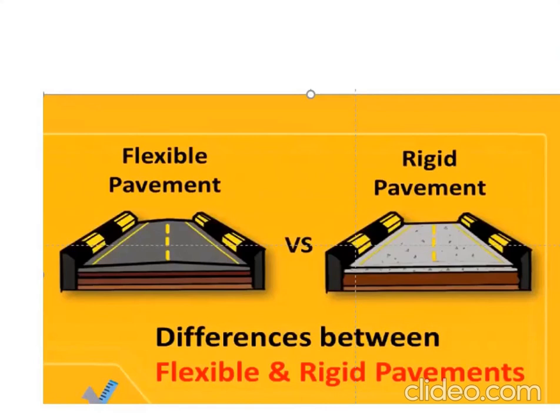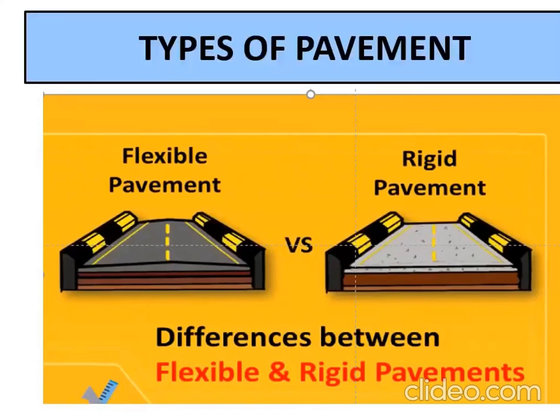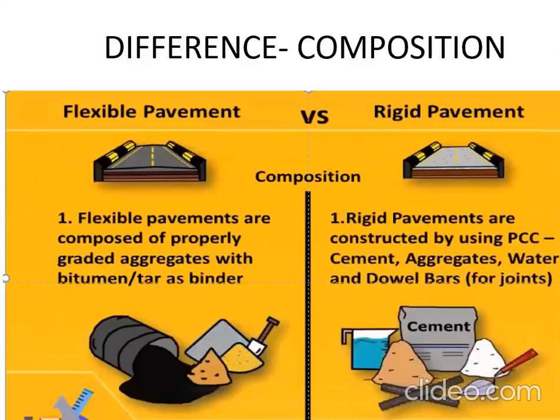Whenever you teach the subject, or whenever you have to design a pavement, you have to explain to someone: what is the difference between flexible and rigid pavement? Now we go one by one. The first way of differentiating is by the way these pavements are constructed, or the composition.